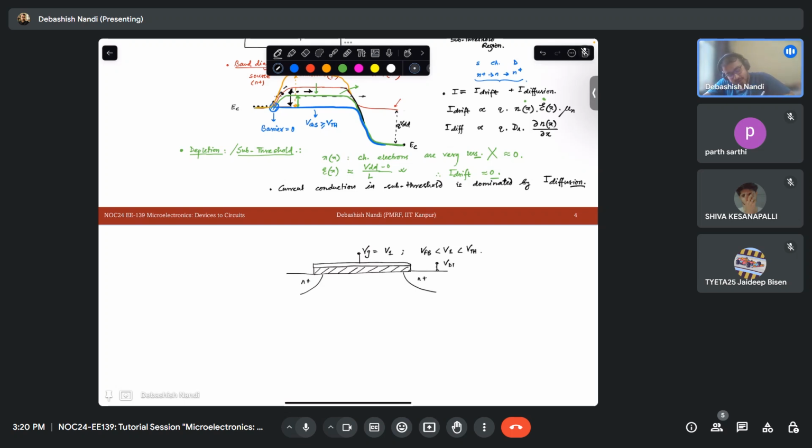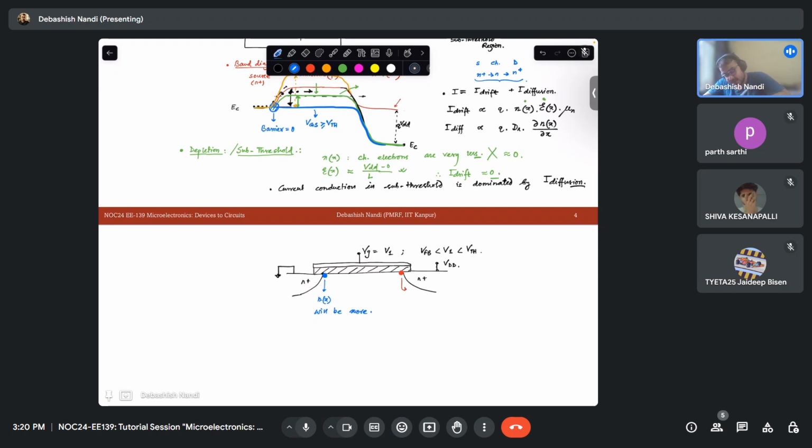Now here you have your VDD. Fine. Here what do you have? You have your zero voltage. So the concentration of electrons at this point, n of x, will be more than the concentration of electrons at this place.